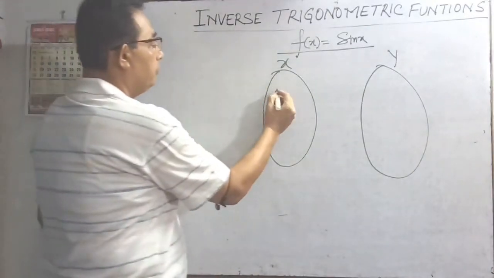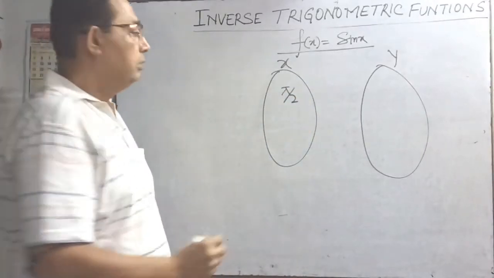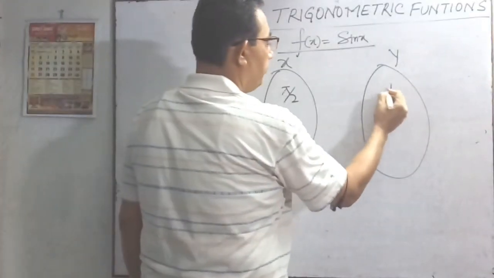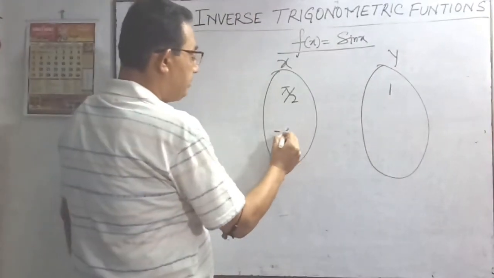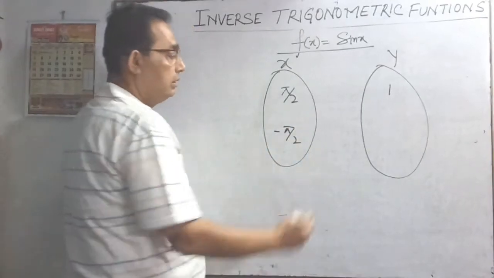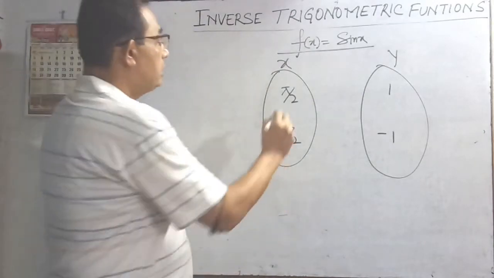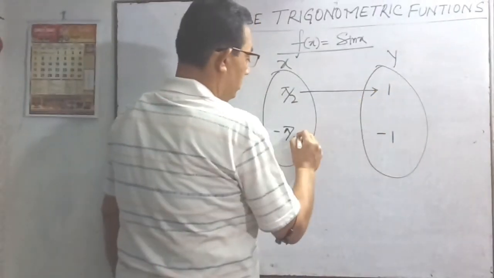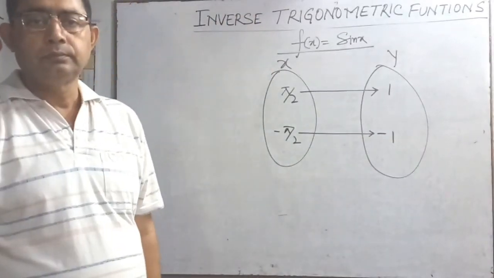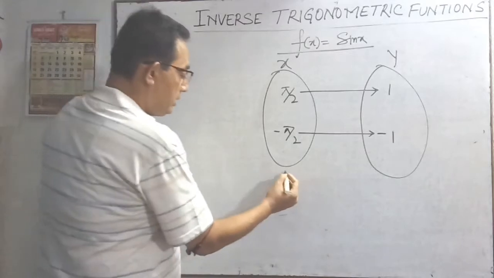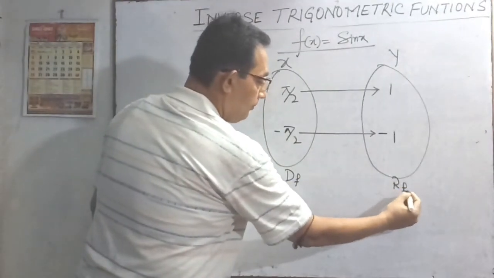If you put the value of x as pi by 2, you will get what? Function is 1. Sin pi by 2 is 1. And minus pi by 2 is what? Minus 1. This is the relation. This is domain f, this is range f.